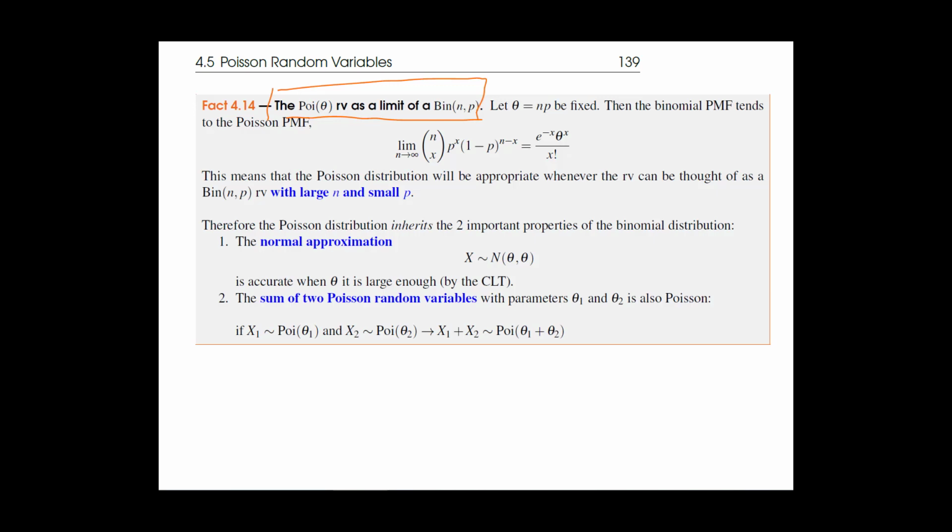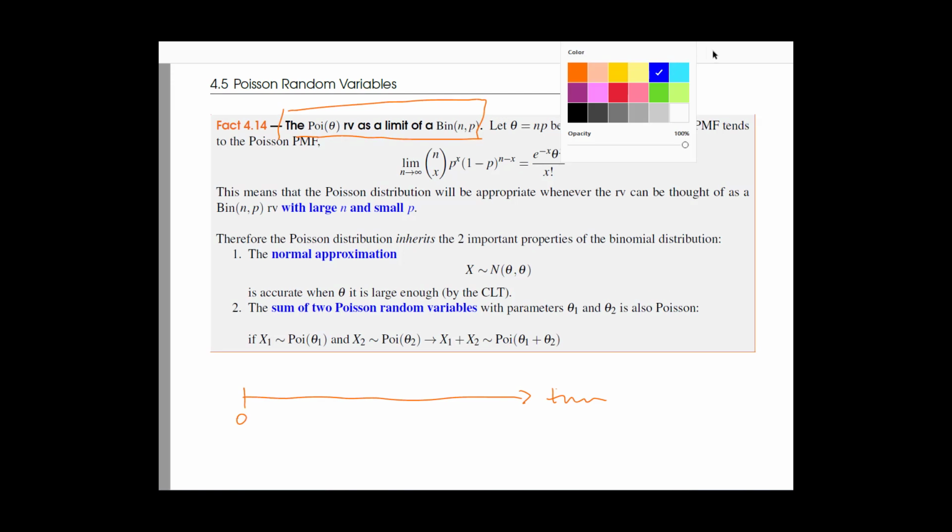All right. So let me elaborate a little bit on this first fact. The notion of the limit of a binomial distribution is as follows. Let's stick with the time analogy. If time goes that way, in parallel we could also show discrete time intervals and call every time interval a Bernoulli trial.